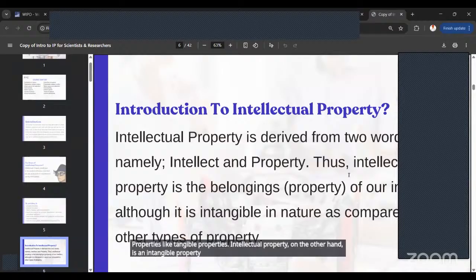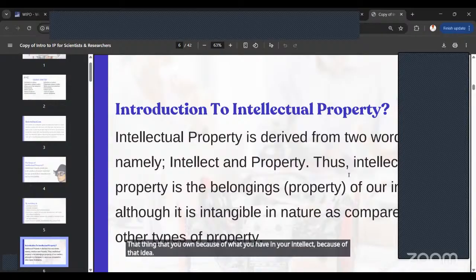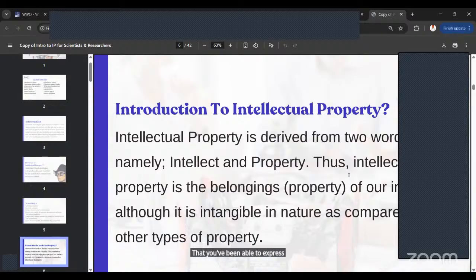You can't touch it, you can't feel it, but it is always there. It has its own value. So intellectual property is the property of your intellect, that thing that you own because of that idea that you've been able to express, and that gives you your intellectual property.